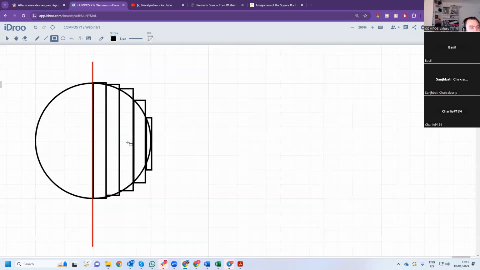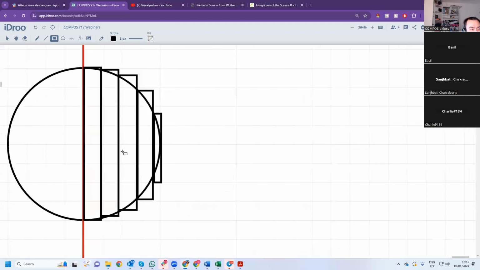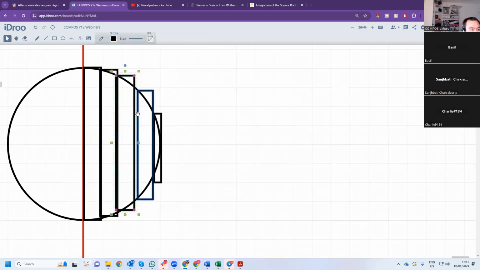They should be the same width though, so I've slightly messed up, but it's not the point. Approximately the same width.